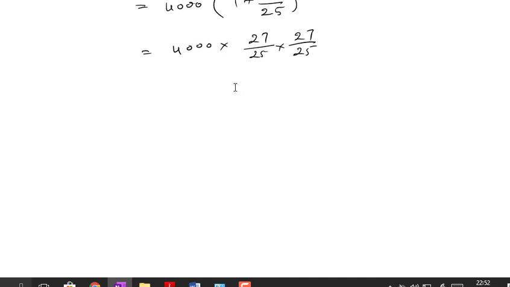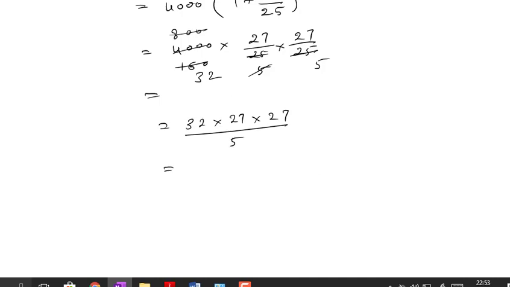Now we cut with 5: 5 5s are 25, 5 160s are 800. Then with 5 again: 5 1s are 5, 5 6s are 30, it becomes 160. Then I cut 5 5s are 25 and 5 3s are 15, 5 2s are 10. So finally we have 32 into 27 into 27 whole divided by 5.